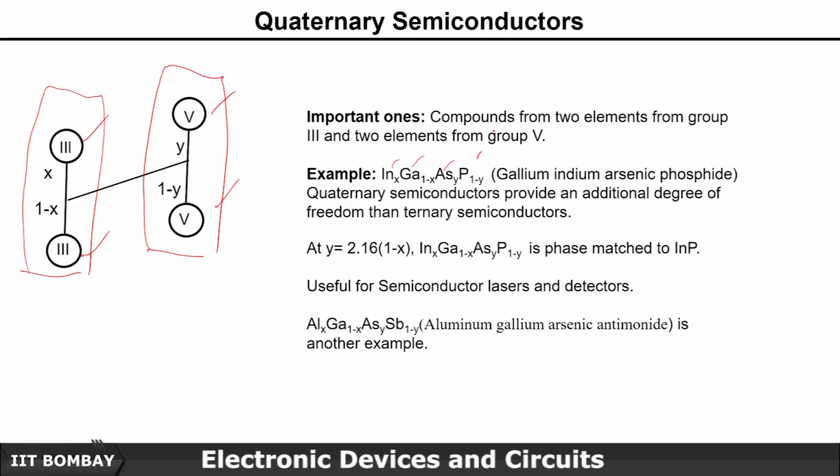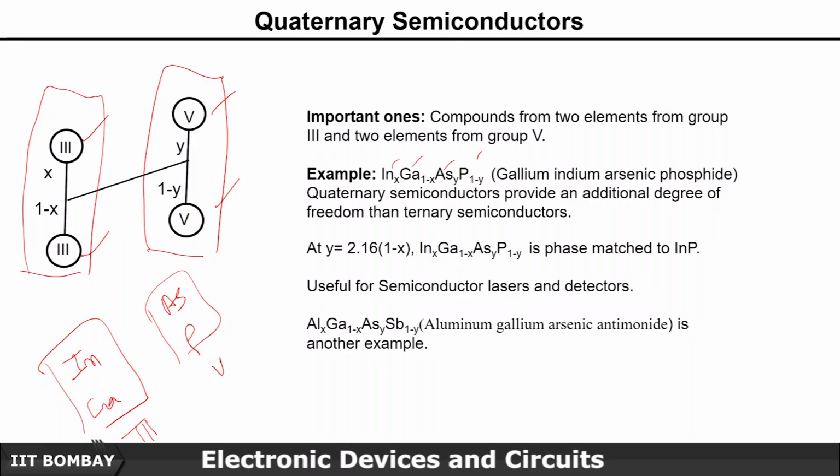Here indium and gallium are group 3 elements, and on the contrary arsenic and phosphorus are group 5 elements. So again the fractions will be there, x and 1 minus x, like x number of gallium atoms have been replaced by indium, and similarly y number of atoms have been replaced by arsenic.